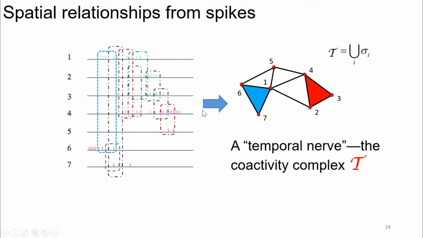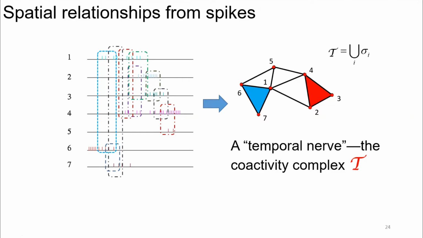And that way, it's a direct temporal analog. Basically what I've done is I'm building a temporal analog of the nerve complex, right? And the idea is that I'm going to be able to use this construction to extract topological information about the space in which the animal navigates.